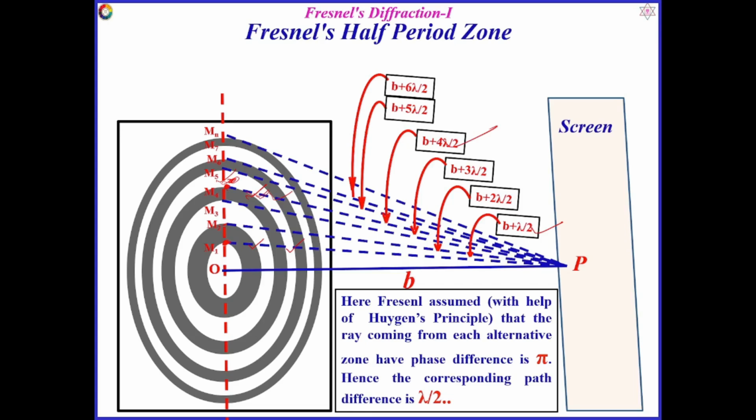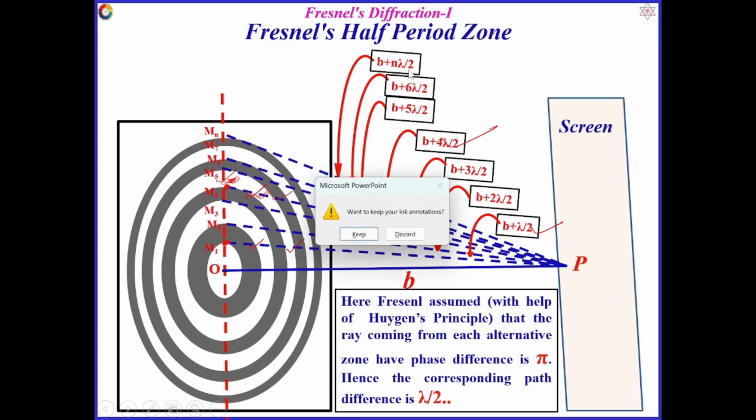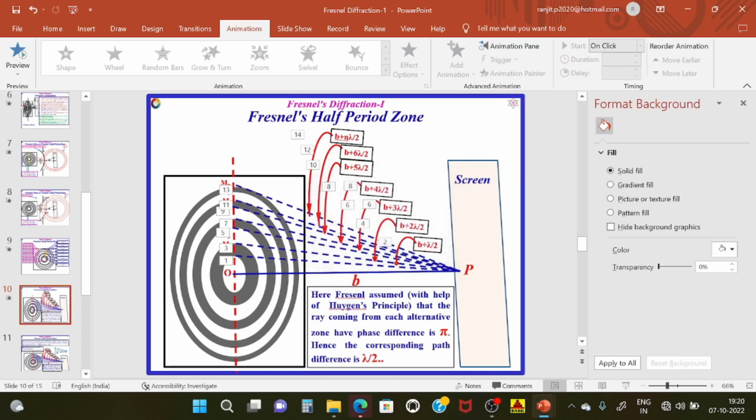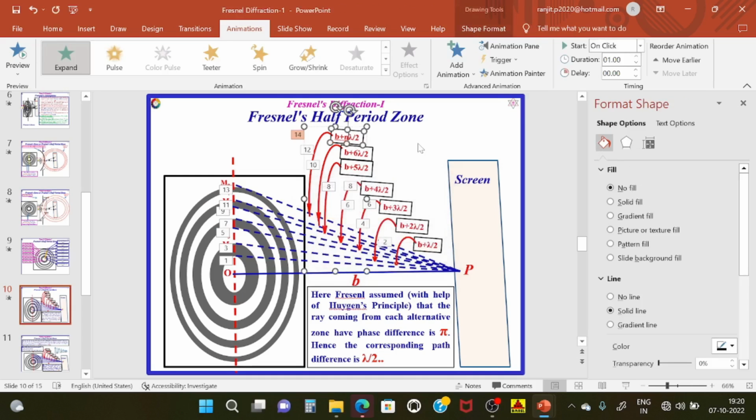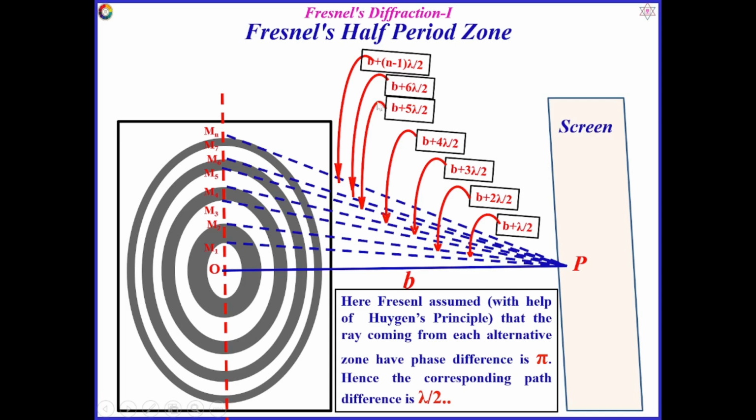So likewise, you just correct it: this will be n minus 1 lambda by 2 for the nth half period zone. So for the nth half period zone it will be b plus n minus 1 lambda by 2.